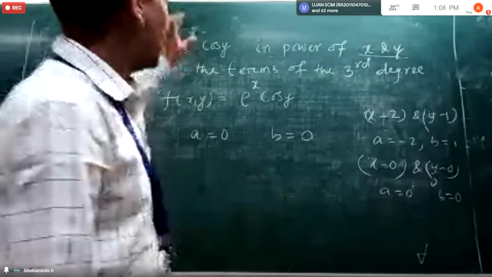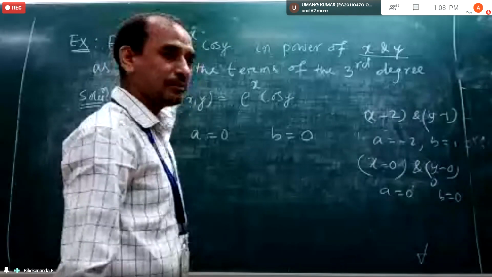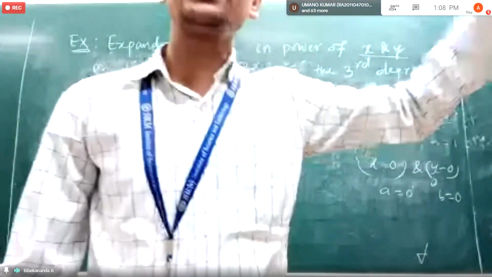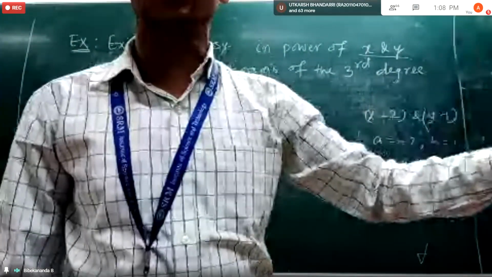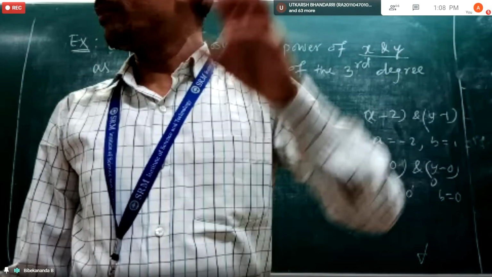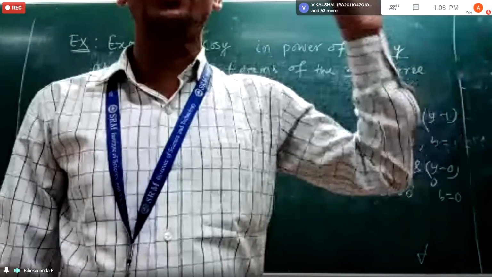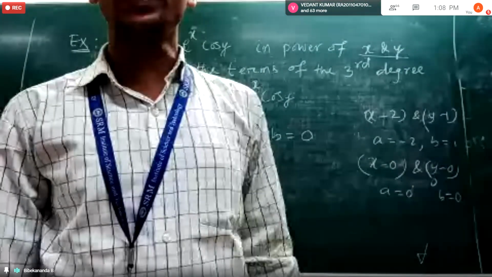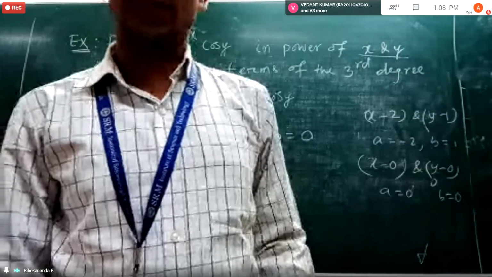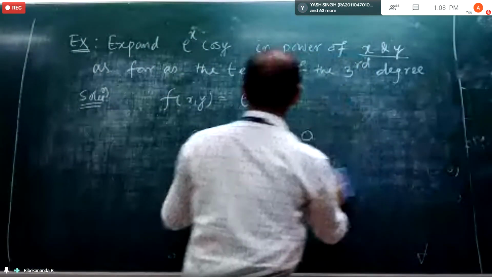So here it is saying to expand this in powers of x and y, which means we are going to find the series about the point 0, 0. When we are talking about the point 0, 0, we need to find the Maclaurin series. So you write a equal to 0, b equal to 0.